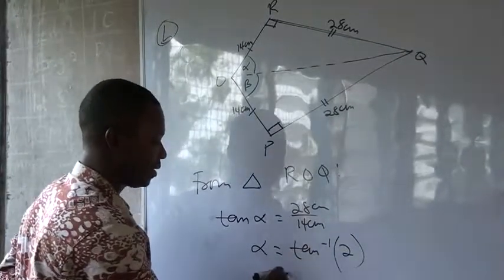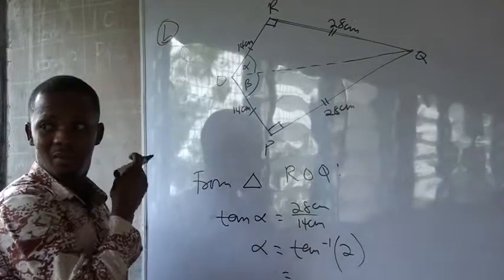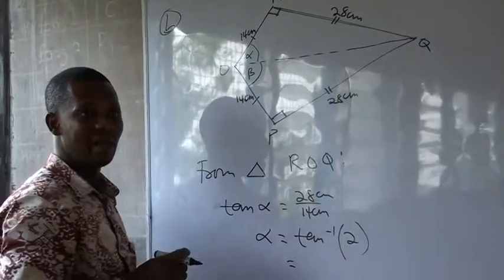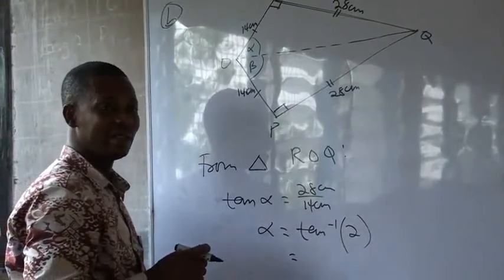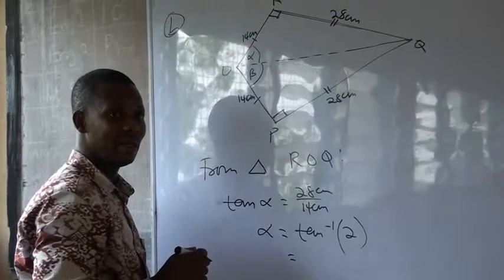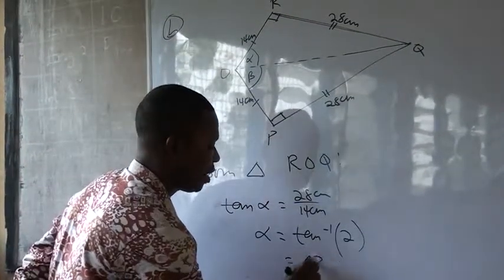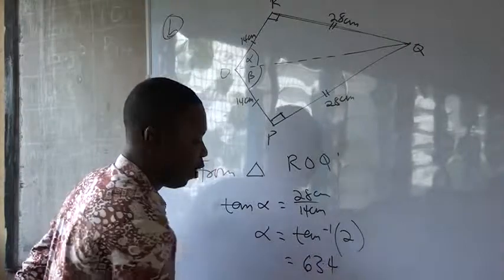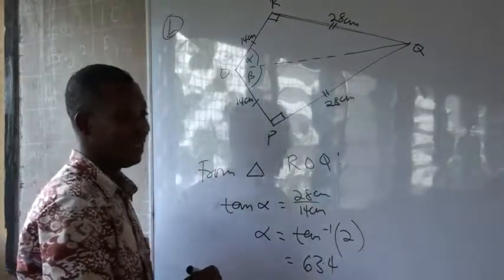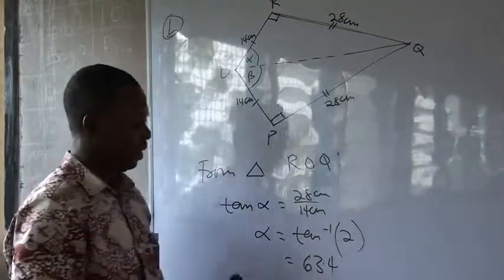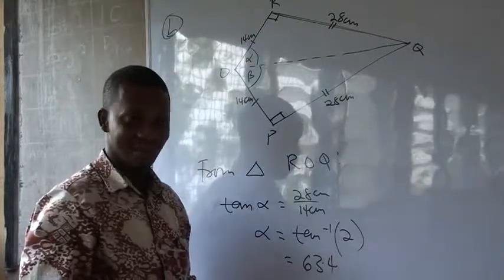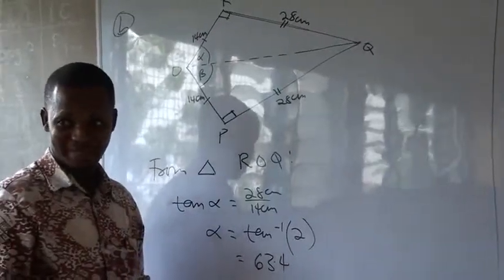And what do we get? 63.4. I said to the nearest degree. Now, wait. This is just half of that.